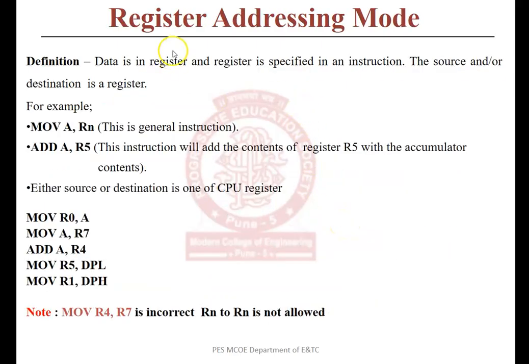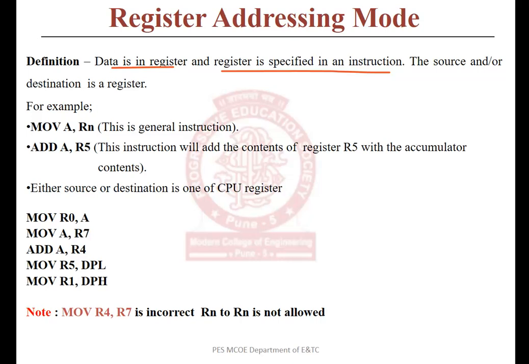Now next one is register addressing mode. When data is in a register and the register is specified in an instruction, then it is called register addressing mode. The source and/or destination is a register. Let us understand with the help of some examples. First example is MOV A, Rn. n is for a general register.